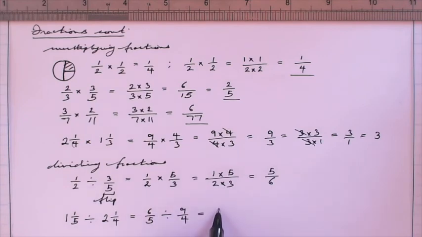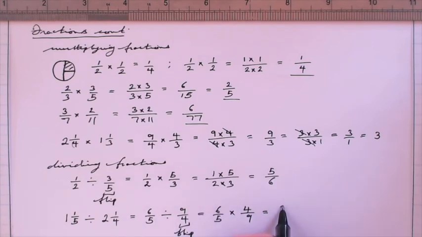Now we convert this to a fraction multiplication problem. We replace the division sign by a multiplication sign, and we flip the second fraction. We simply turn it upside down, so the denominator goes to a numerator and the numerator goes to a denominator, and there we just have a fraction multiplication problem.